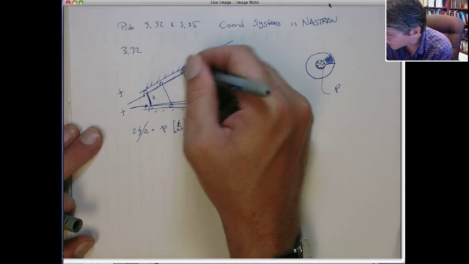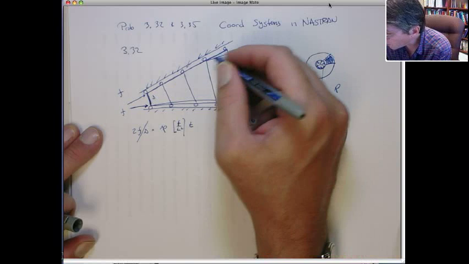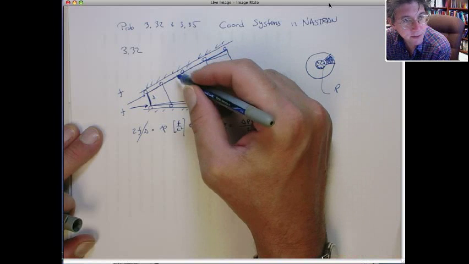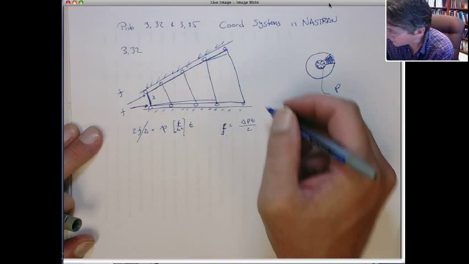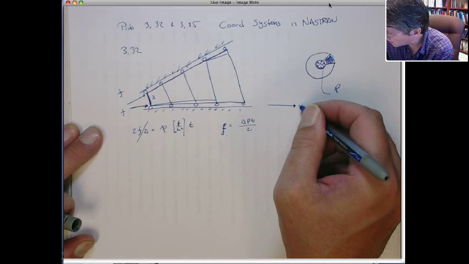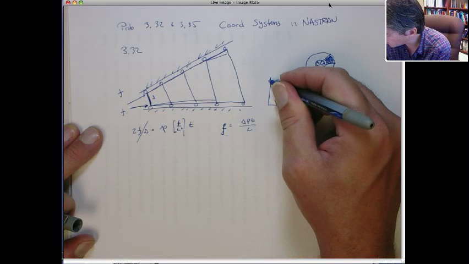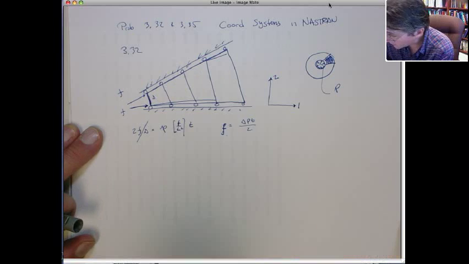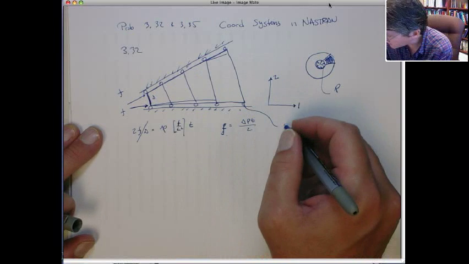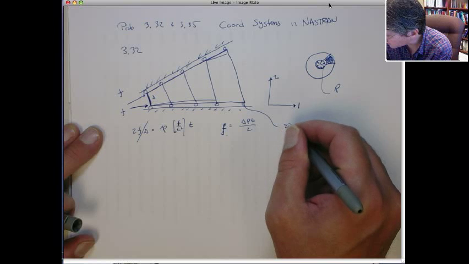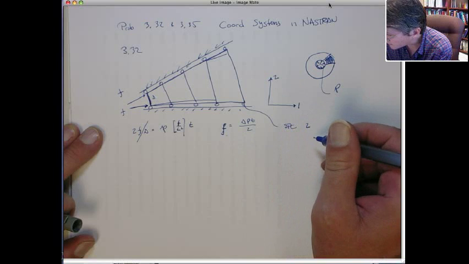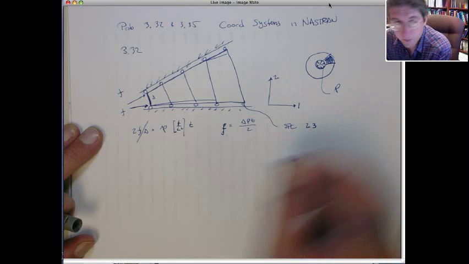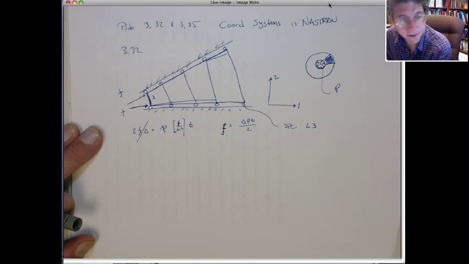The bigger question is, how do we get this boundary condition? Because this is not saying it's fixed in the one direction or the two direction. Let's say we have global 1 and this is global 2. Now this is fine. This edge is fixed in 2. So this SPC, you cannot move in direction 2, and if you want to, you can say you can't move in direction 3 to hold it in the plane.